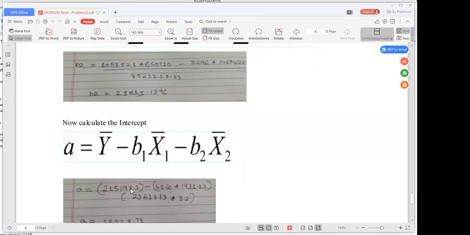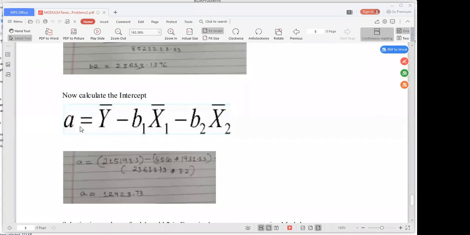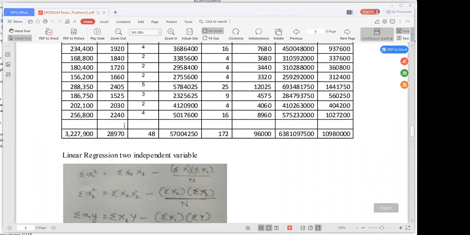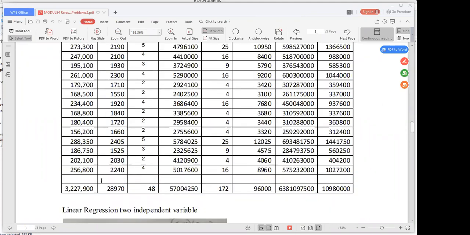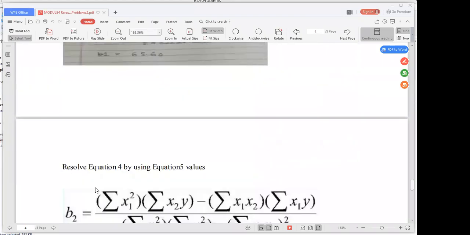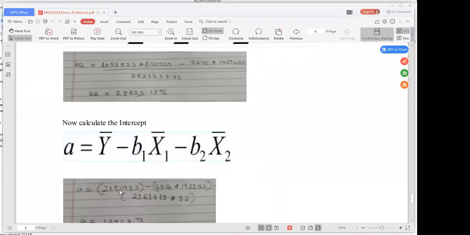Now to find the value of A, we need y bar minus b1 x1 bar minus b2 x2 bar. The y bar is nothing but the summation of y divided by 15. So this is your summation of y, divided by 15, and you will get 215193.